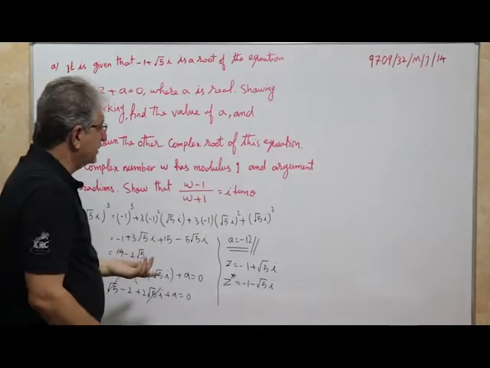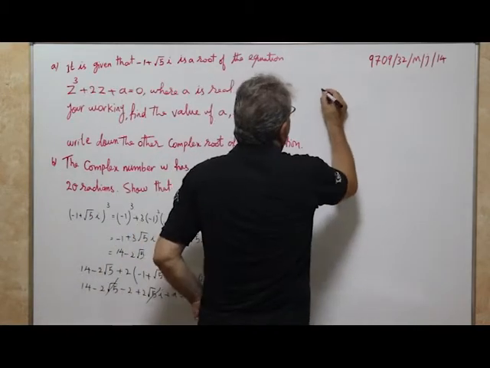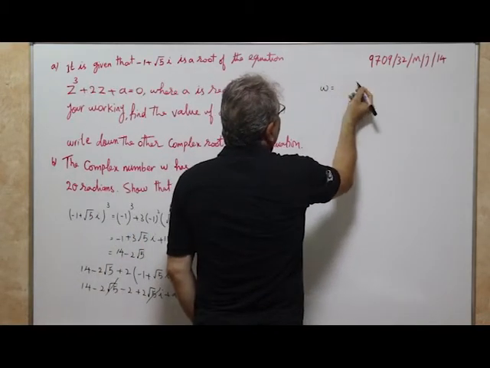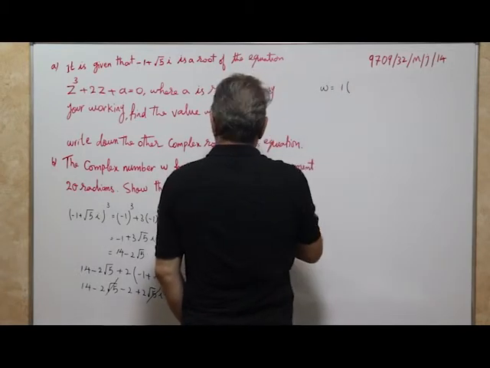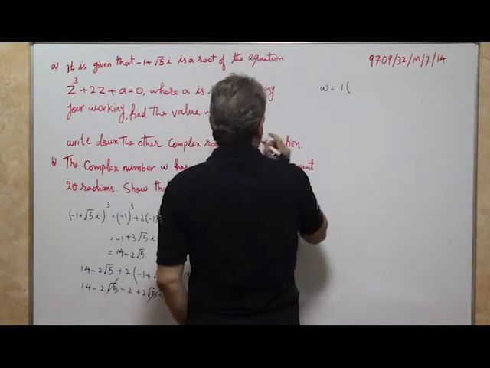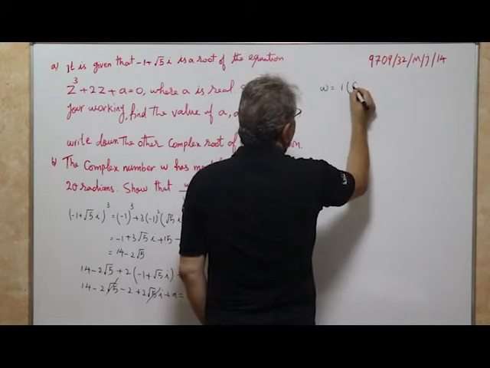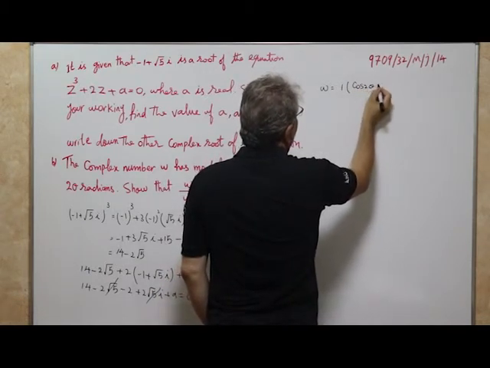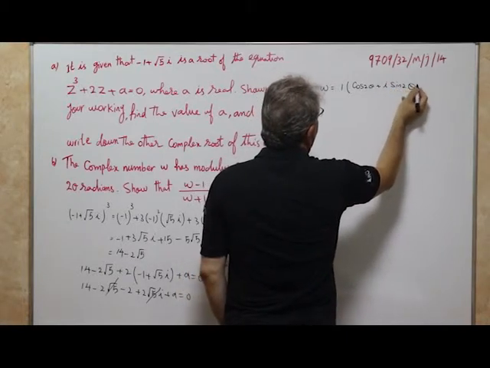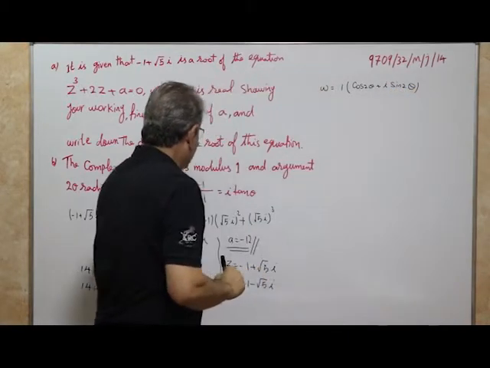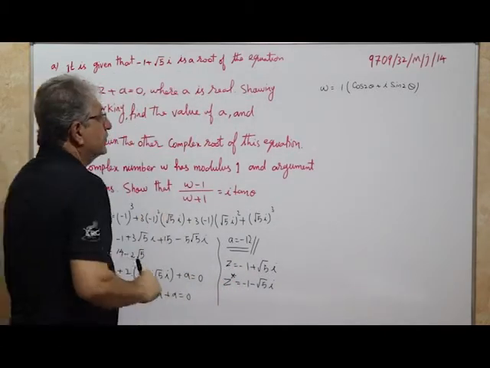Therefore, we know that W is equal to, modulus is 1 and also argument is 2 theta. Therefore, W is equal to 1 times (cos 2 theta plus i sin 2 theta). So, I will substitute it here.